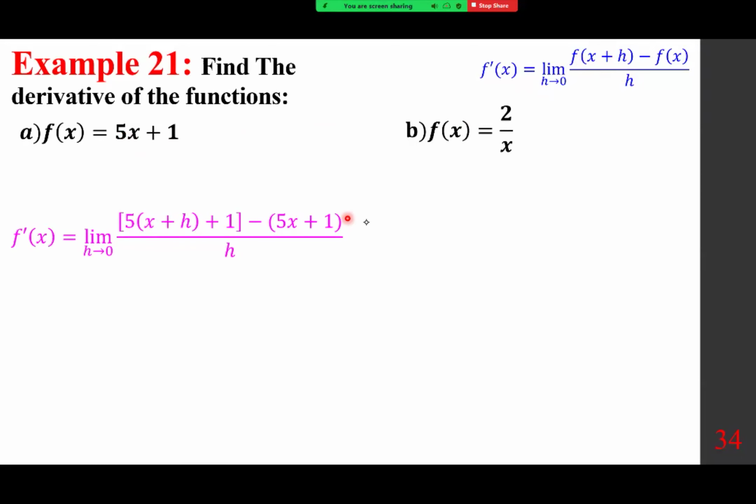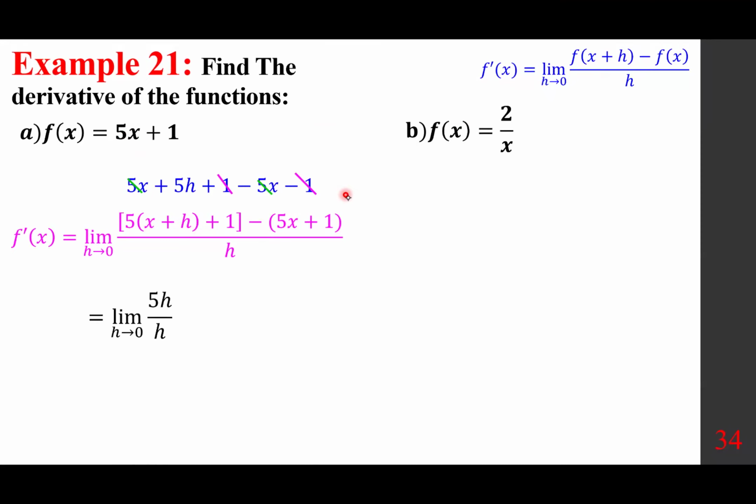And all you have to do, distribute, you get 5x plus 5h plus 1 minus 5x minus 1. And clearly, 5x and minus 5x cancel each other. 1 and negative 1 cancel each other. And the numerator is left with 5h. And h drops. The final answer is 5.